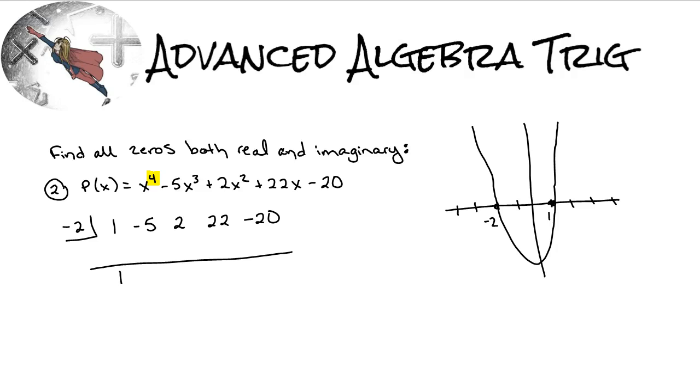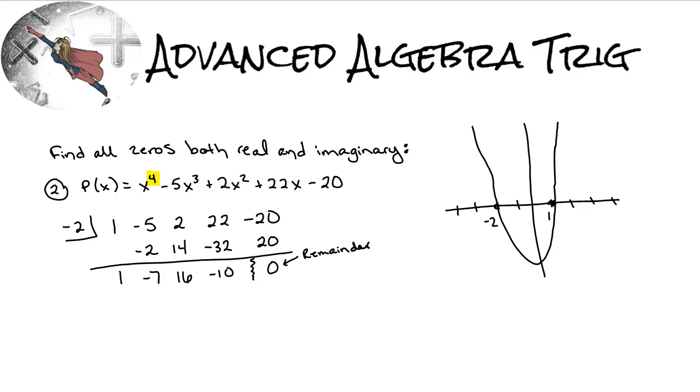So the 1 comes down, I multiply 1 times -2, and then I add, multiply -7 times -2, and then I add, 2 plus 14, 16 times -2, and then I add, so that's -10. -10 times -2 is 20, and this is what should have happened. My remainder is 0, which is very good.